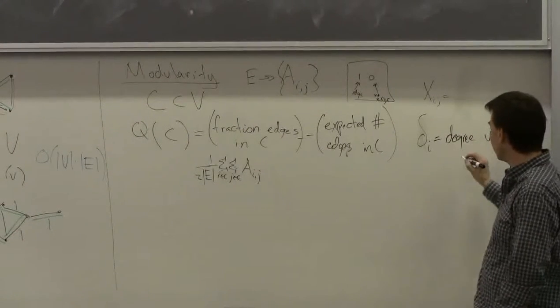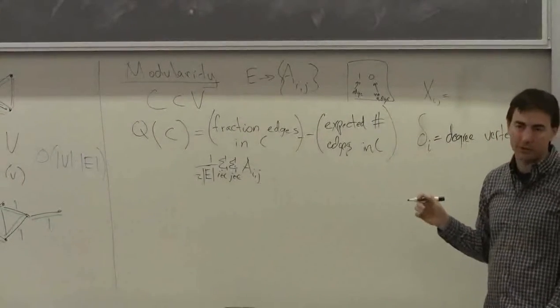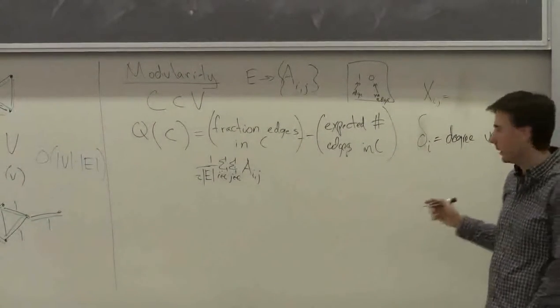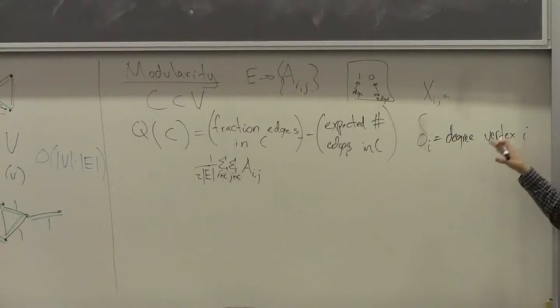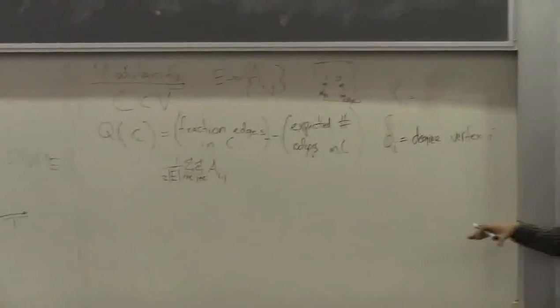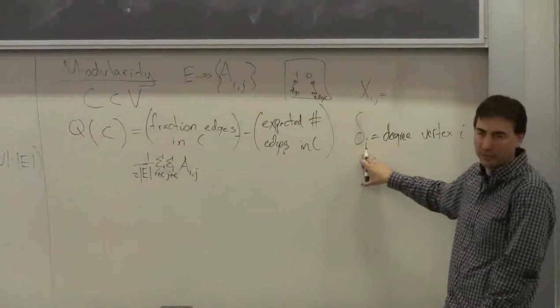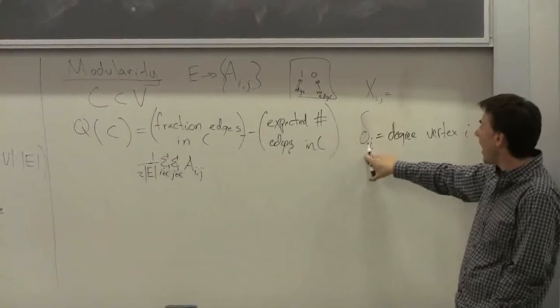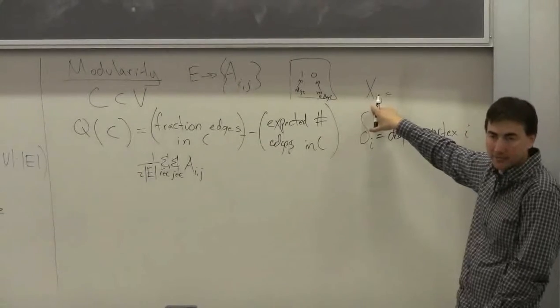This is the number of edges in the graph that have i as one of the vertices. Is it clear what I mean by degree? Everyone? So if I want to use this degree in this definition: if delta i is high, then x_ij is likely to be high.